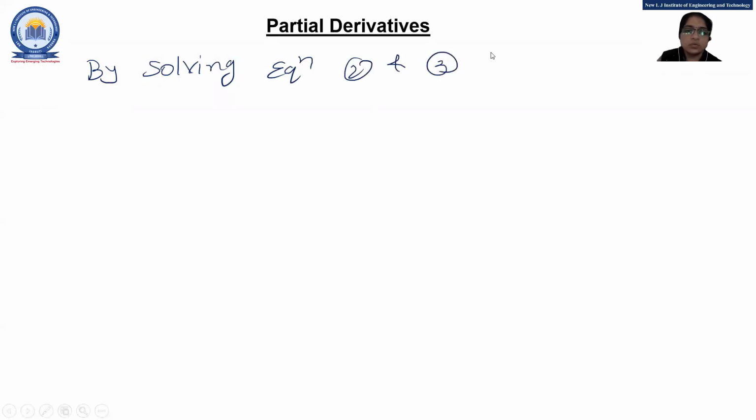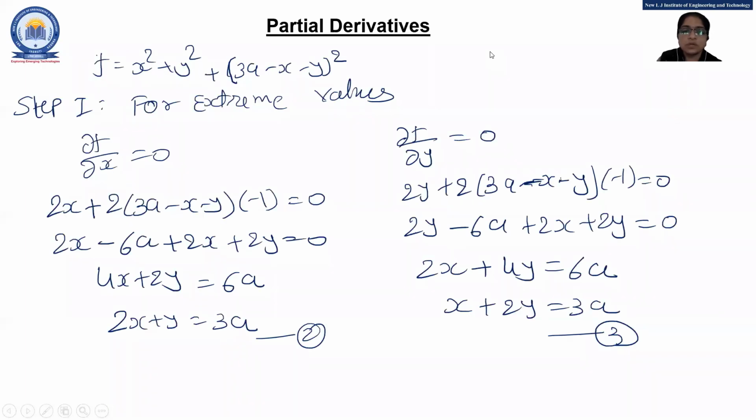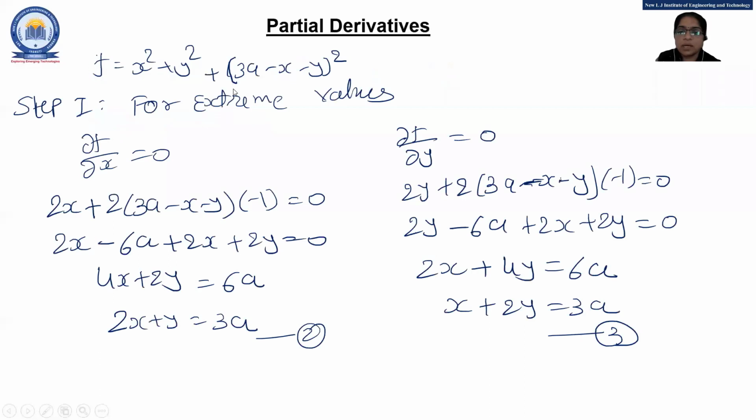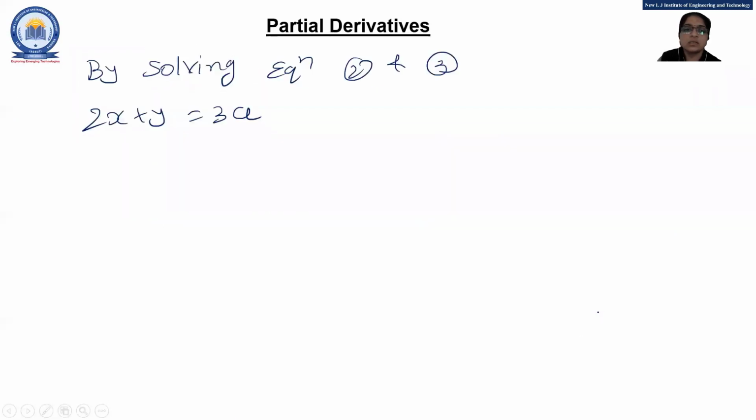So what is my equation 2? My equation 2 is 2x plus y is equal to 3a. And if I multiply equation 3 by 2, then I have 2x plus 4y is equal to 6a.